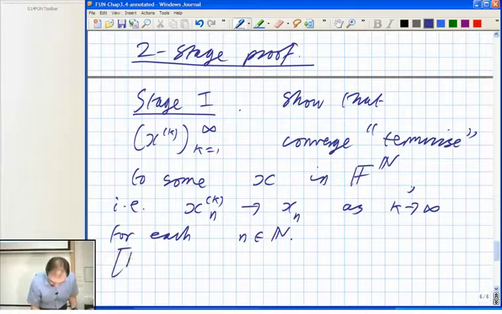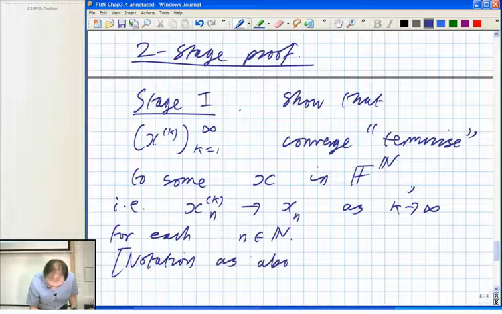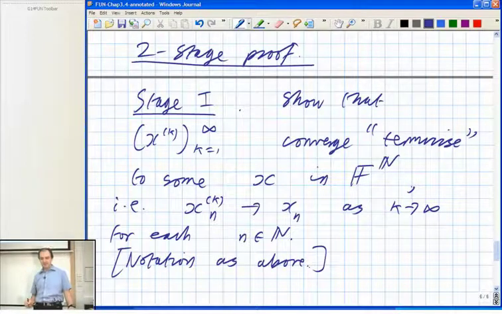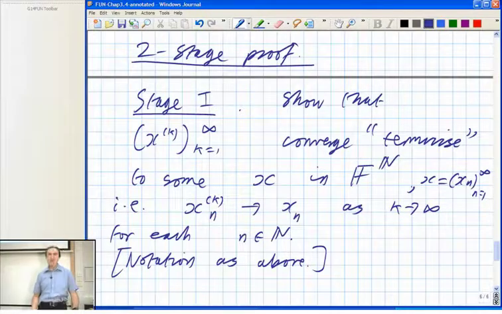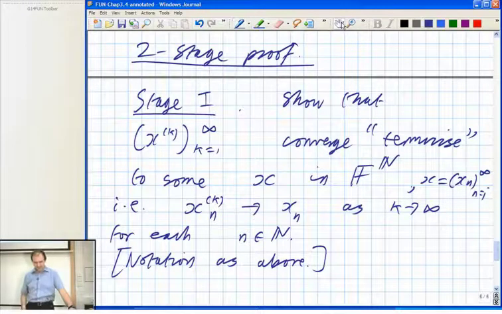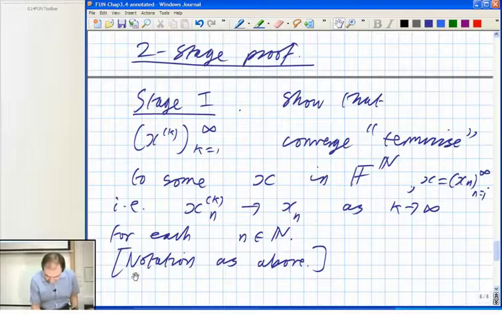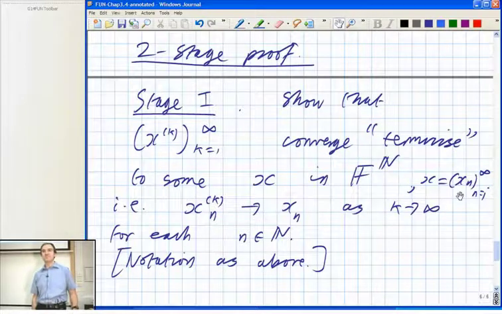So shouldn't that let just plain x be a sequence? x is an element of the sequence space, so x is equal to (x_n). And this is the typical notation we're going to be using. But it's a good question. So notation is as above, which means that if I say that x is in the sequence space, I'm going to mean that x is a sequence with terms x_n.